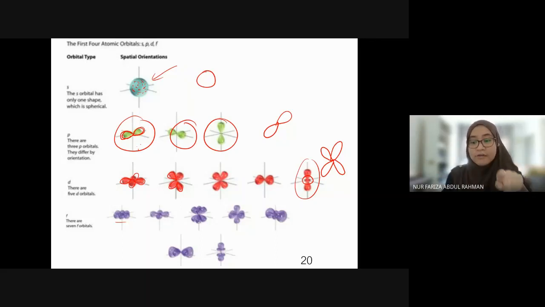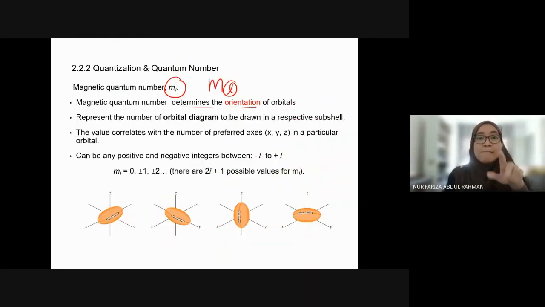For that orientation, we have ml to explain it. This ml represents the number of orbital diagrams to be drawn in a respective subshell. So to simplify the orbitals, like what we have just now.